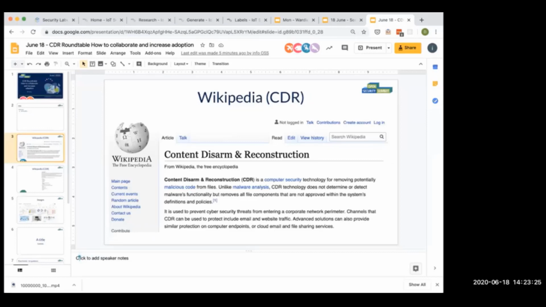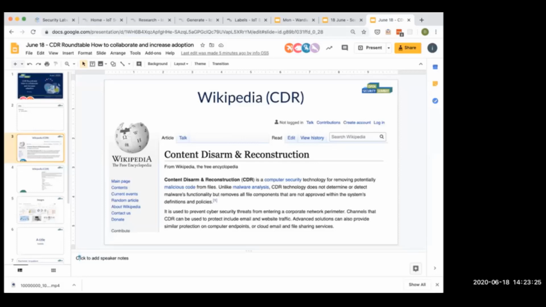It's good to hear the view though. Dennis, what are your thoughts? I think it's a good distinction that CDR is not a detection mechanism. First of all, the goal of CDR is to protect. One of the main goals of CDR is to protect from malware. And protection from malware can be divided into detection and prevention.